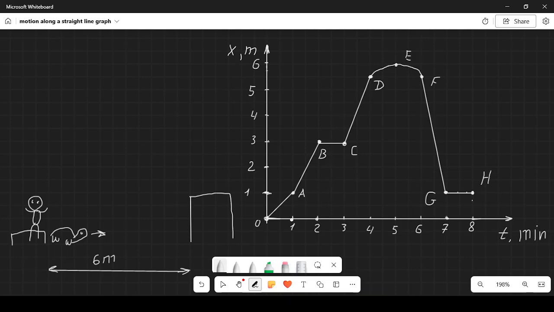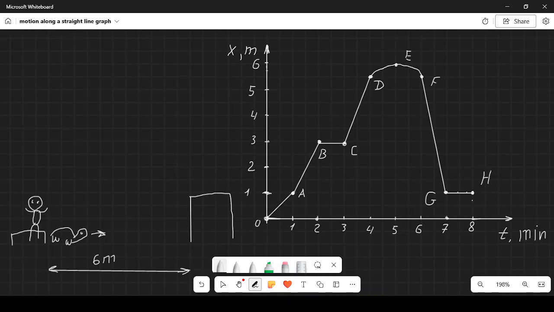Okay. What can we say about the second minute of movement of the turtle? What is the difference with the first minute? During the first minute the position of our turtle changed by 1 meter, but during the second minute the position changed from 1 to 3 meters, by 2 meters.